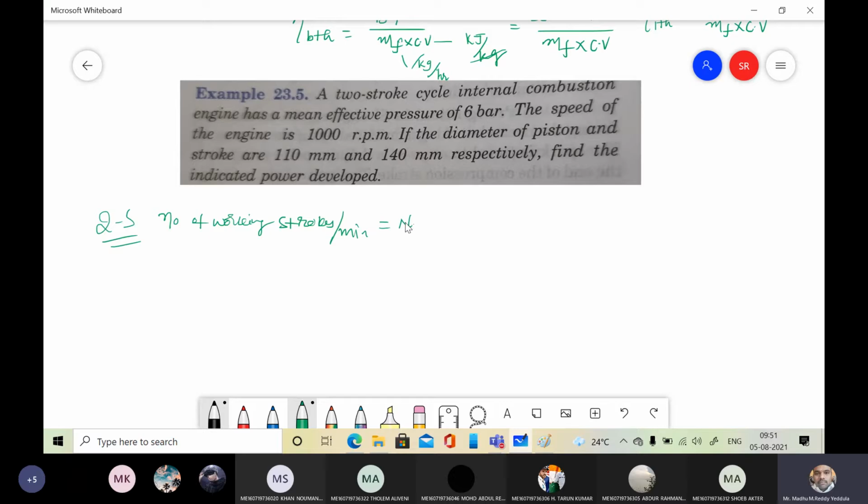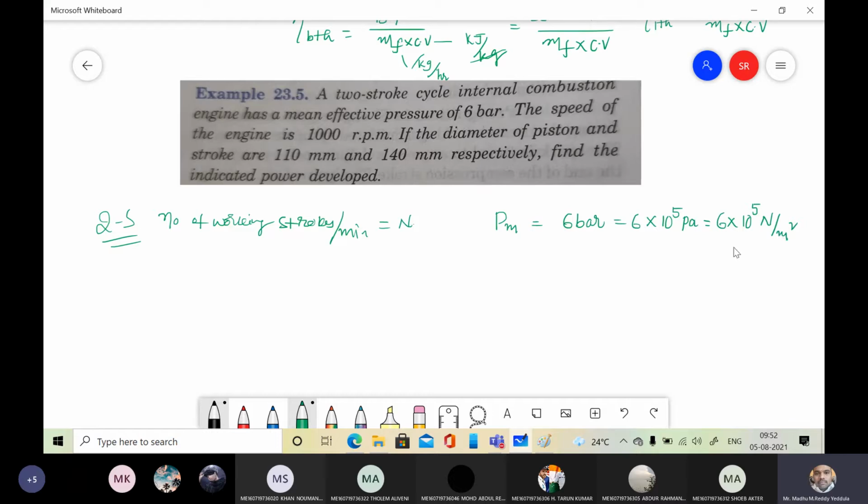A two-stroke cycle internal combustion engine has a mean effective pressure, P mean, equal to 6 bar. Convert the unit into Newton per meter square. 1 bar is equal to 1 into 10 power 5 Pascal, and 1 Pascal is equal to 1 Newton per meter square. If you multiply by 10 power 5, the bar will be converted into Newton per meter square.